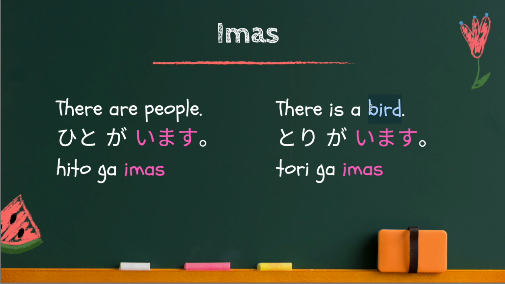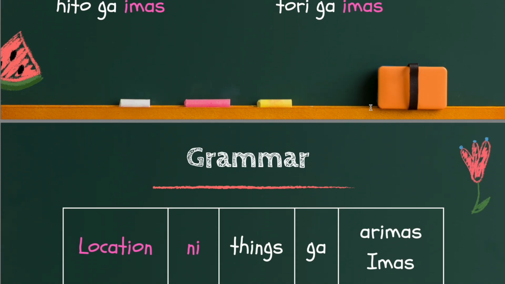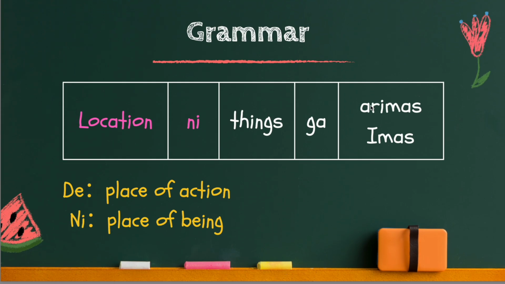Now, we will move on to a new grammar format. So this time you can indicate the location of those existence. For example, there are people in the park. There is a computer in the room.